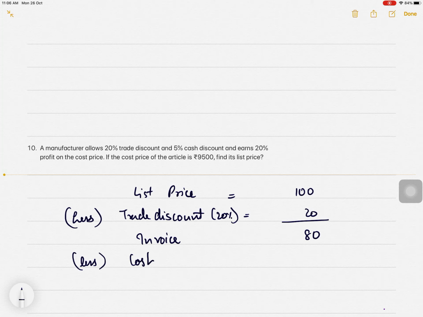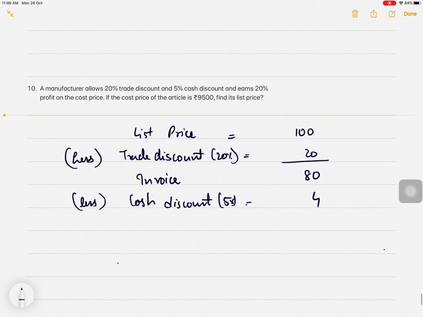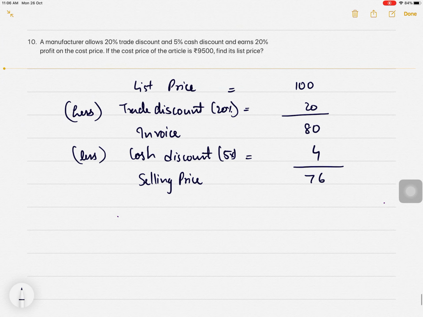Less cash discount. Cash discount is 5%. So 80 into 5% comes to 4 rupees. So selling price is 76. Okay.